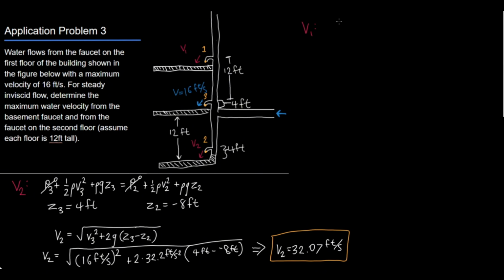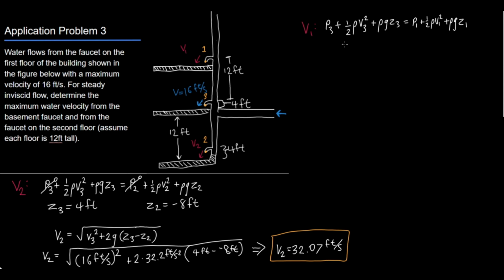And with that, we will use the same expression where we will have P3 plus 1/2 rho V3 squared plus rho G Z3 is equal to P1 plus 1/2 rho V1 squared plus rho G Z1.